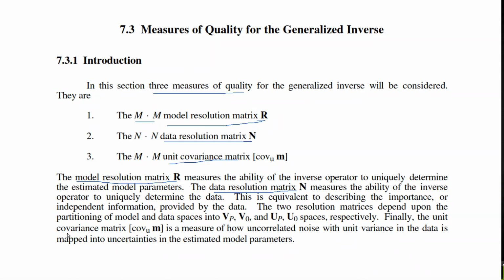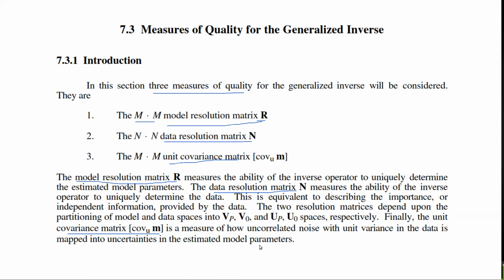And the unit covariance matrix is a measure of how uncorrelated noise with unit variance in the data is mapped into uncertainties in the estimated model parameters. So we know that if there are errors in the data, these errors will be mapped into the model parameters.